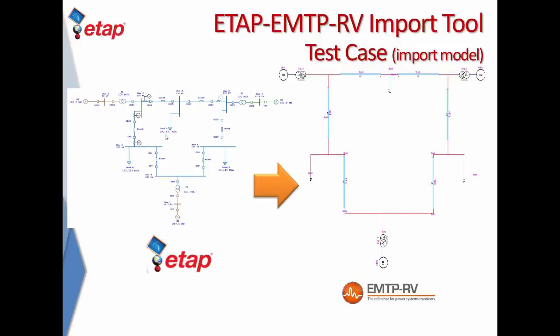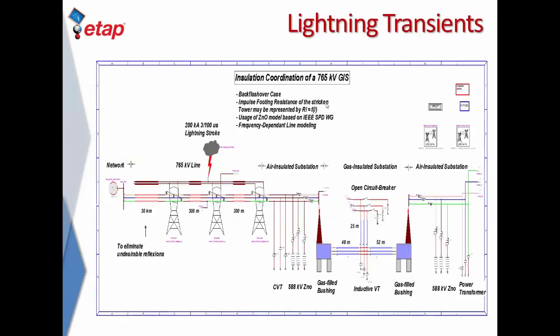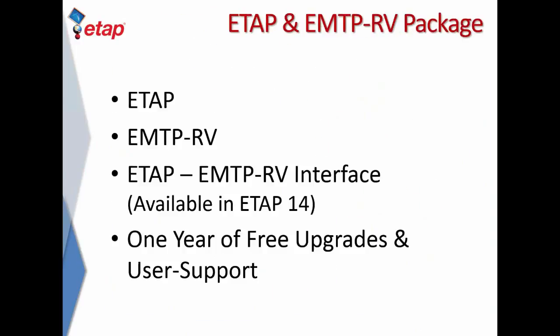All the impedance data is transferred over, including the machine models are mapped together. So you can enter additional information that's required for doing electromagnetic transients and then start performing your calculations, significantly cutting down the engineering time for advanced studies.